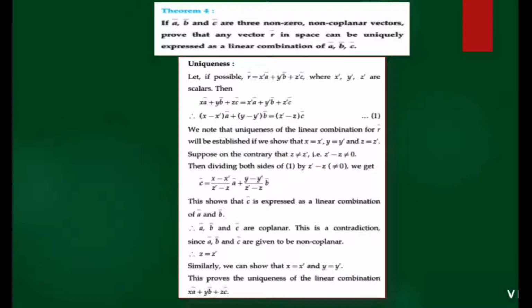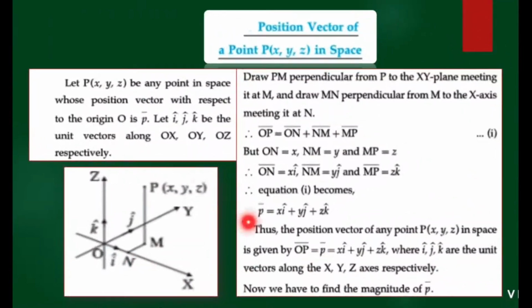Here, instead of drawing the cuboid, we directly draw a perpendicular on the xy plane. So see, if we draw perpendicular PM on this xy plane, and then again draw a perpendicular from M to the x-axis at N, we get the x coordinate and y coordinate.